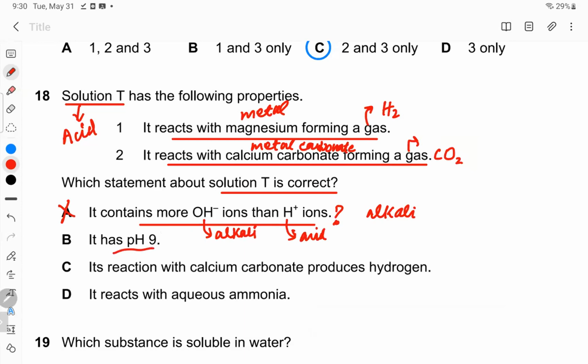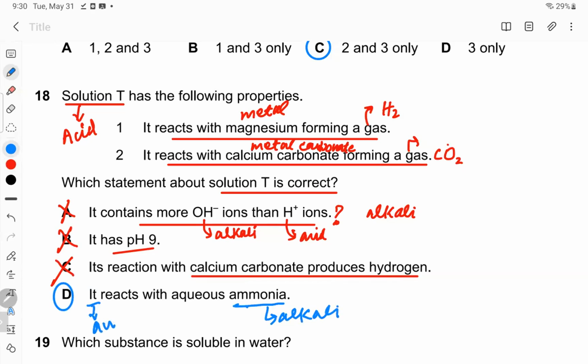It has a pH of 9, which is alkali, so B goes wrong. Its reaction with calcium carbonate produces hydrogen gas. No, we concluded that its reaction with calcium carbonate produces carbon dioxide gas, so C goes wrong. So we are left with only option D. And yes, D is correct because it reacts with ammonia, because ammonia is an alkali and solution T is an acid.